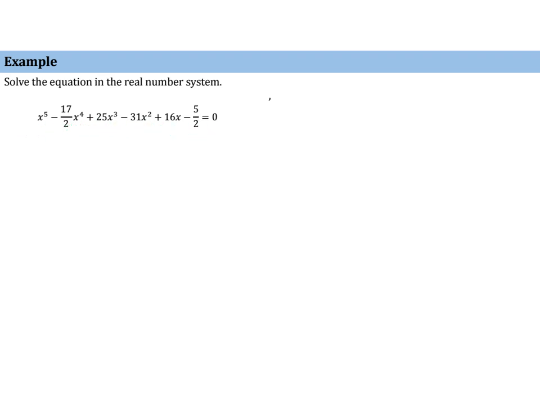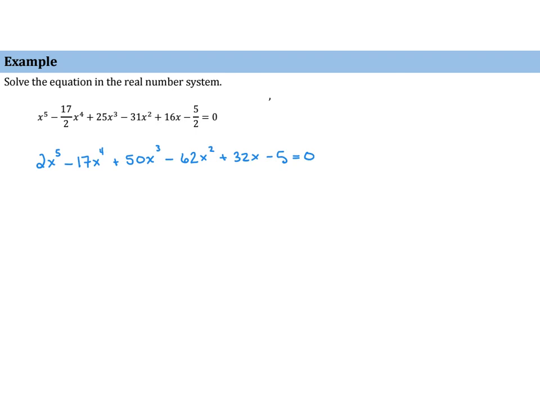And that would yield for us 2x to the 5th minus 17x to the 4th plus 50x cubed minus 62x squared plus 32x minus 5 equals 0.